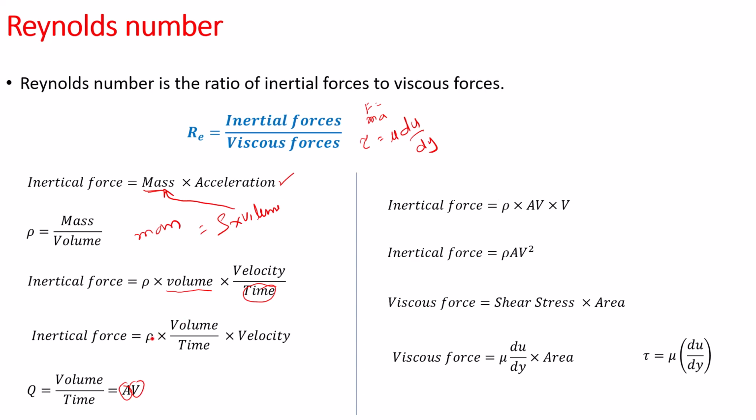So now we have the density, and the volume can be written as area into length, and length upon time is equal to velocity. So we can write this one as rho, and this one as the area into velocity and into velocity.